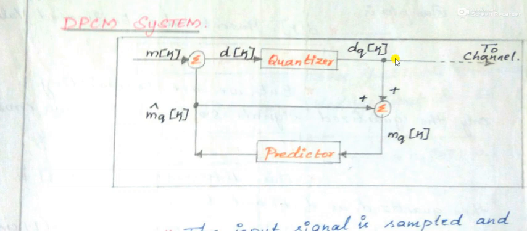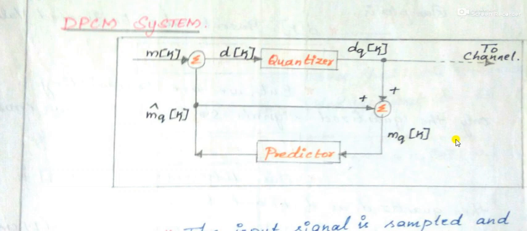And now let us see the operation of this DPCM. First one, quantizer. The difference between two successive sample values, the present sample value and past sample value: here we are going to find the difference between the present sample value and past sample value.